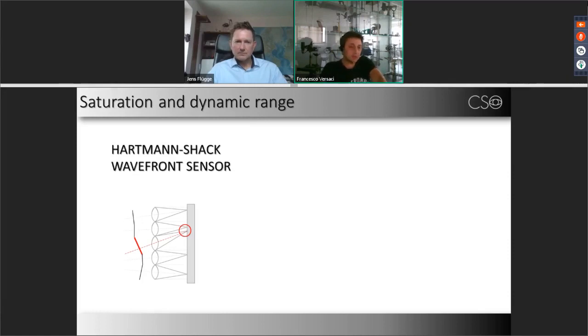The dynamic range saturation. We know that there is a limit for all technologies to the maximum slope that an aberrometer can measure. For the Hartmann-Shack sensor, this limit is when a single cell, this cell here, the red circle, receives two spots instead of one, because the spot of the cell below is too displaced with respect to its axis that it ends up in the neighbor one.